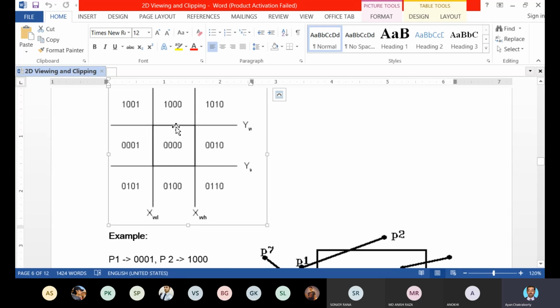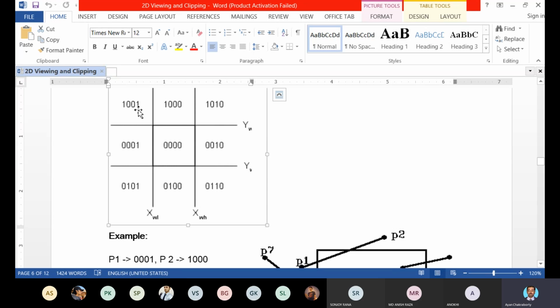At the left of this window, there are three regions: northwest, west, and southwest.